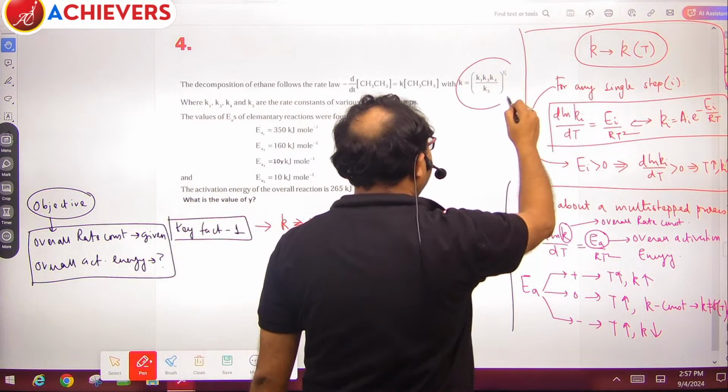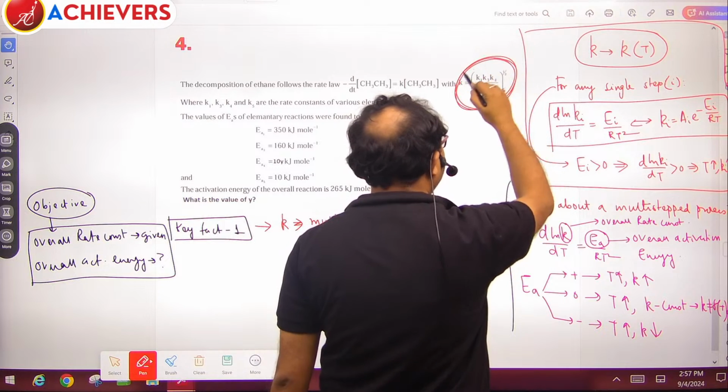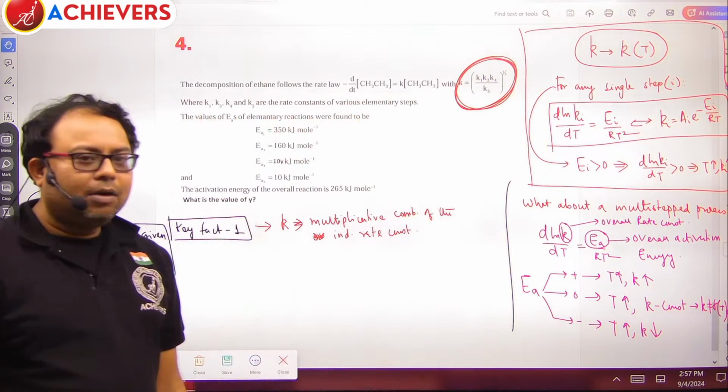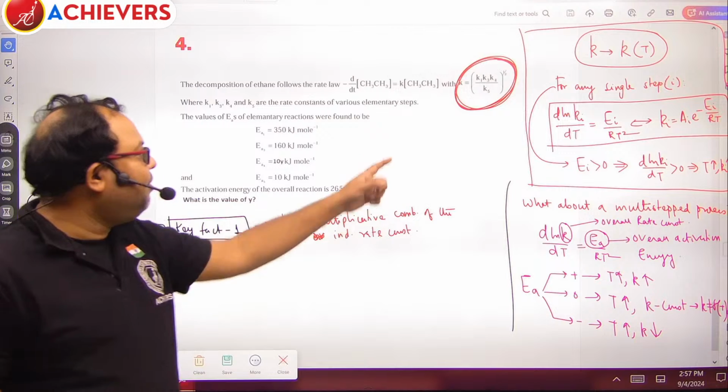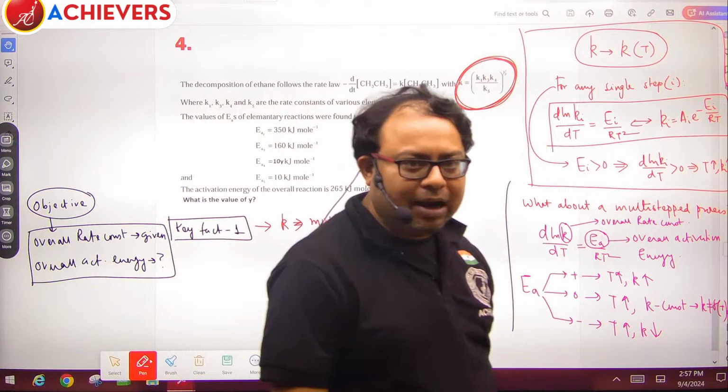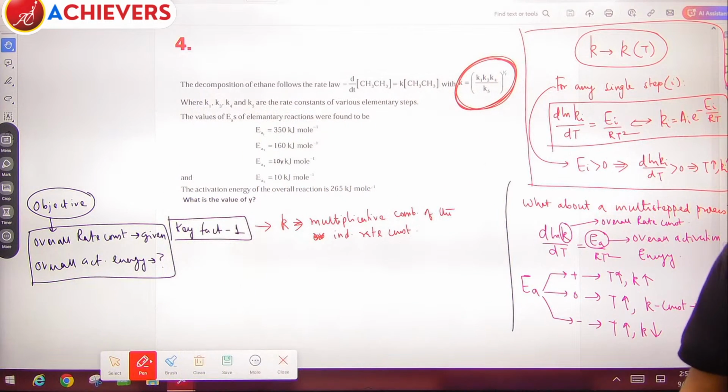Actually, in this particular problem also, it's a multiplicative combination of the individual rate constants. See, K1, K3, K4 by K5 all to the power half. So it's a multiplicative combination.